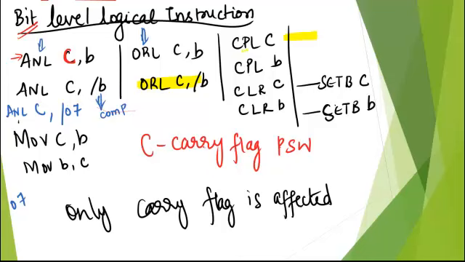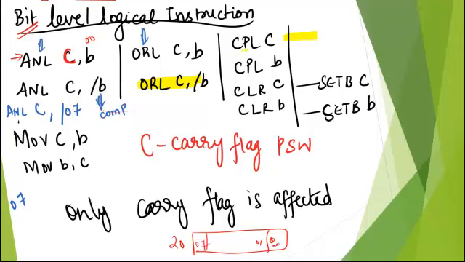So in the bit level logical operation, AND is possible: ANL carry comma bit. Bit may be 00 in the 20th line of your RAM. That is the first line of the bit addressable memory location. The first address bit is 00, up to 07 you have.